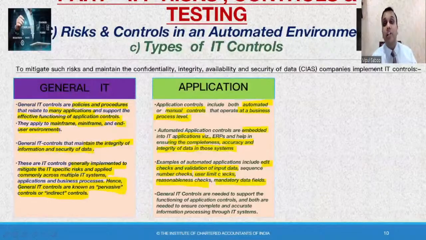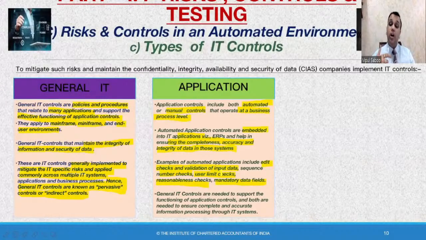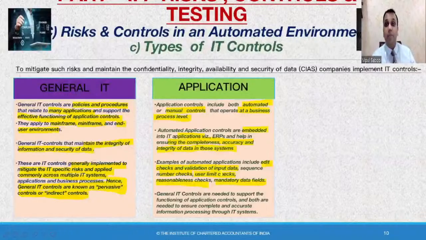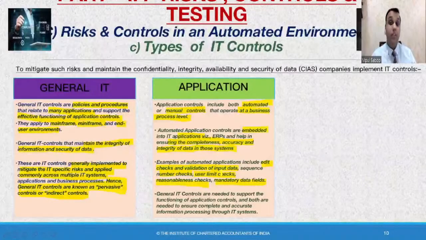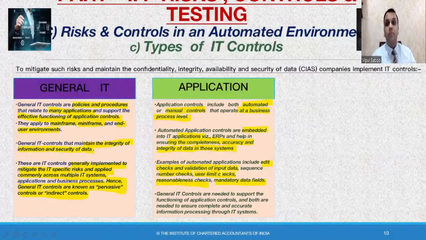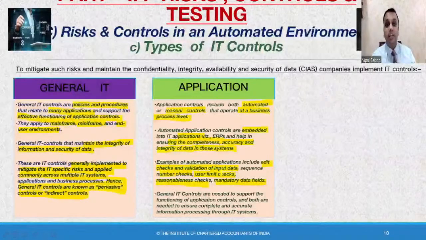Edit checks and validation of input data. What is edit check and validation? You are punching in some data. It asks for your name and you are writing 1, 2, 3. It will give you an error: only alphabets allowed. This is a validation of input data. While filing income tax forms, GST forms, there is an option at the end: Validate.